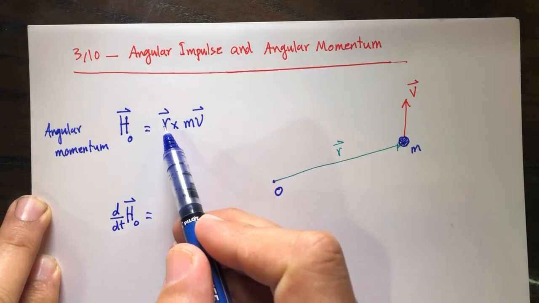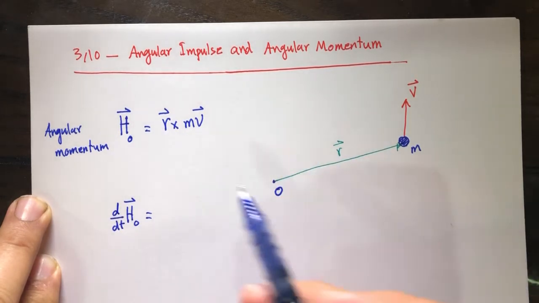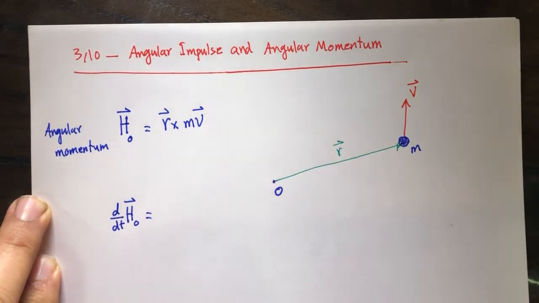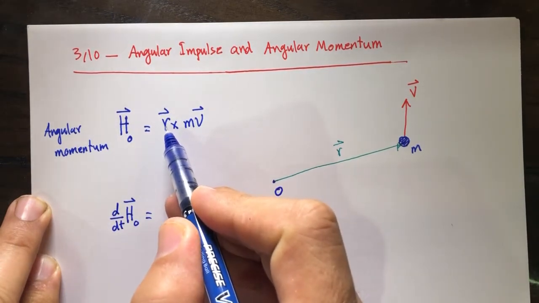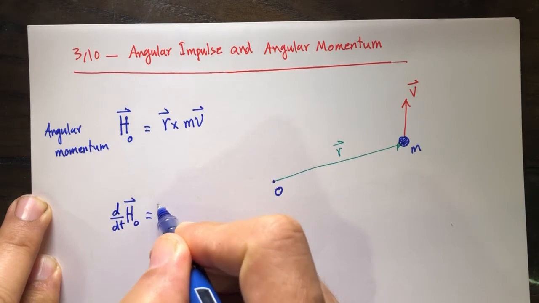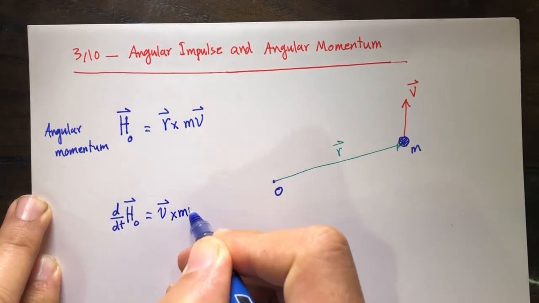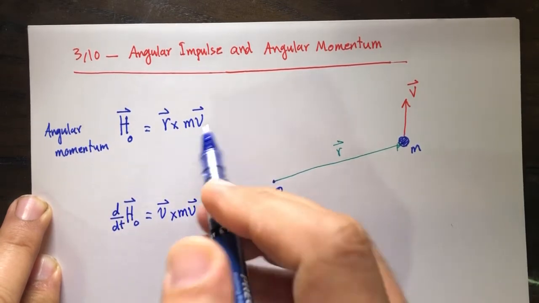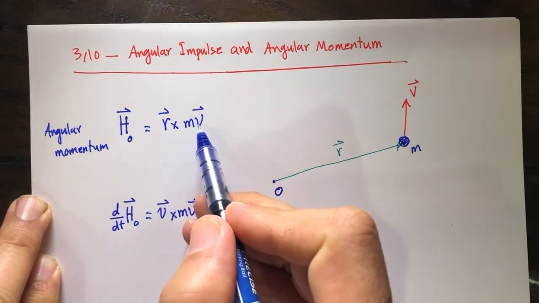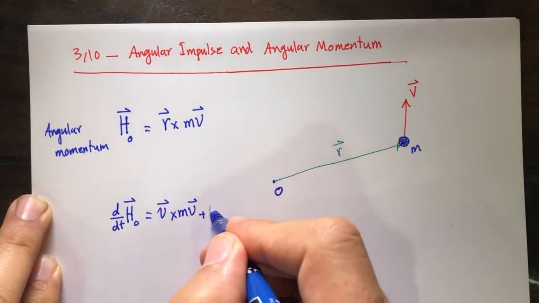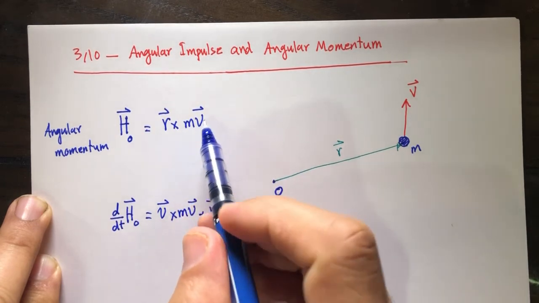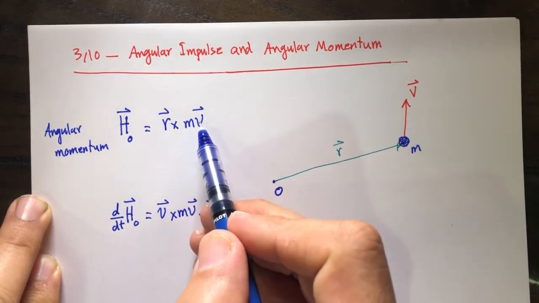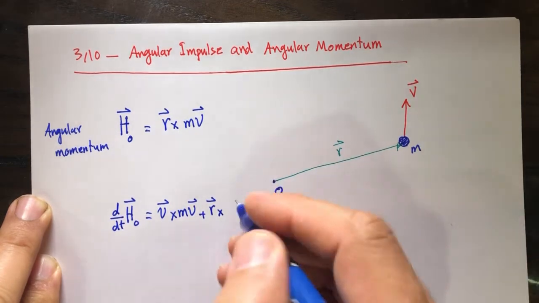But in the other part, I have R and V, both of them are changing. So I need to use chain rule and take derivative of both of them. Derivative of R with respect to time is velocity. So I'm going to have velocity cross product mv plus R cross derivative of mv with respect to time. So I'm going to have R cross product to m times derivative of the velocity, which is acceleration.